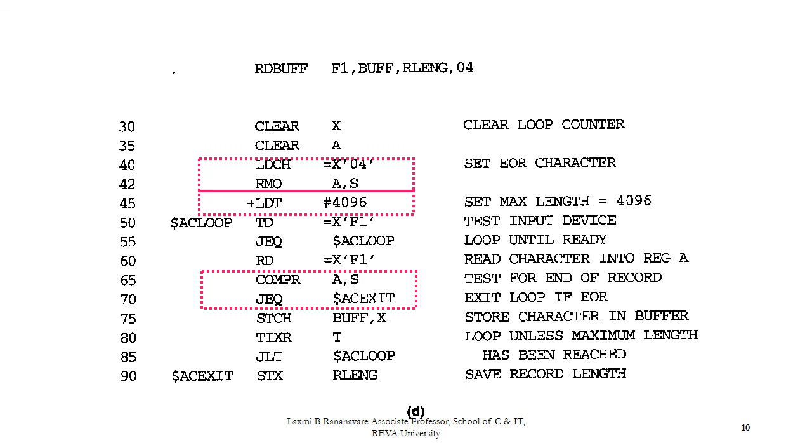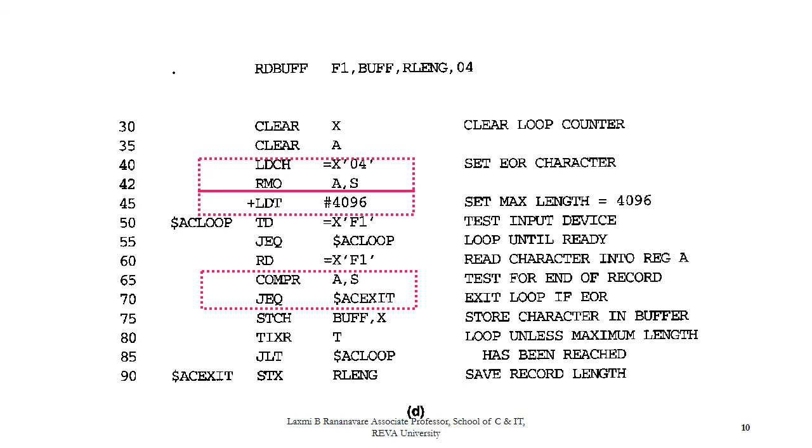Again you are going to increment the index register, compare with the T register contents, and this process is repeated until we read all the characters, that is 4096 characters. Either the maximum length of this record will be 4096, or whenever the accumulator is reading 04, at that time it is going to stop.